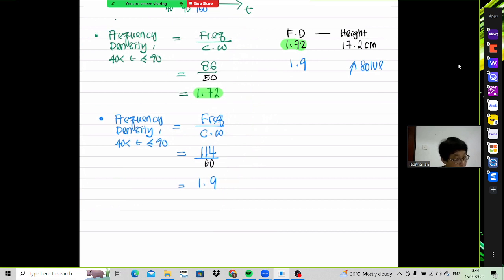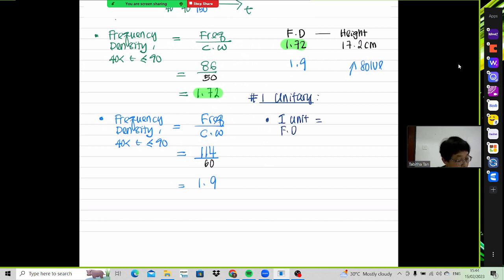Okay, let me shift to give some space over here. Can we take this down? Alright, so I'm going to use method number 1, the unitary method. Choose whichever is comfortable to you. For the unitary method, we will just take one unit of frequency density.